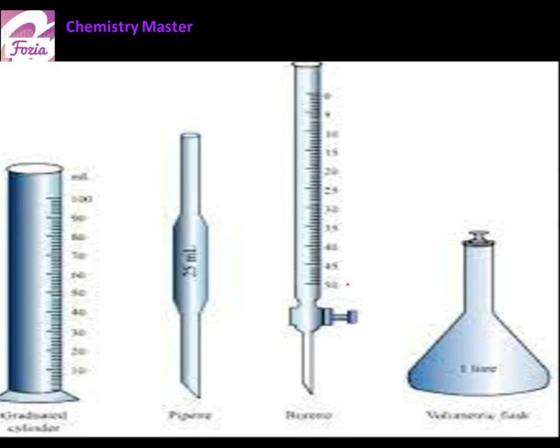Now I tell you how you will be on the safer side, how you will retake the reading of the liquid. Whenever these glass vessels have some liquid in them, the liquid will make a curved line like this, sometimes like this, or sometimes like this.